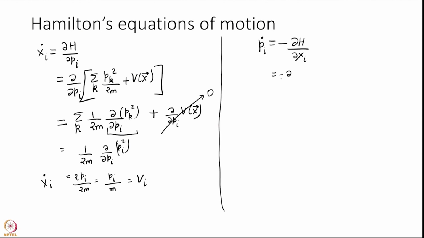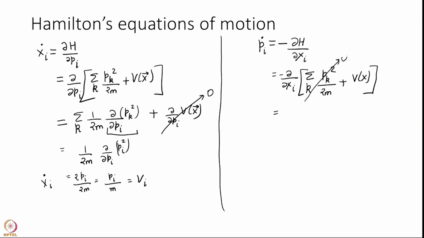So, here we will have minus del over del xi of sum over k pk square over 2m plus V of x. You will notice that the first term will vanish because all momentums are also independent of positions.